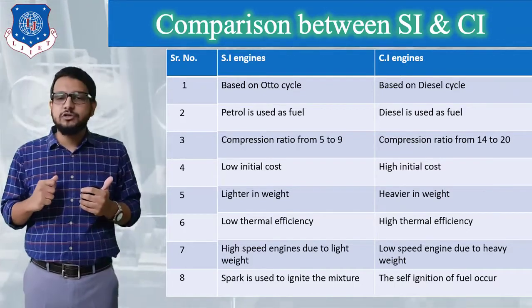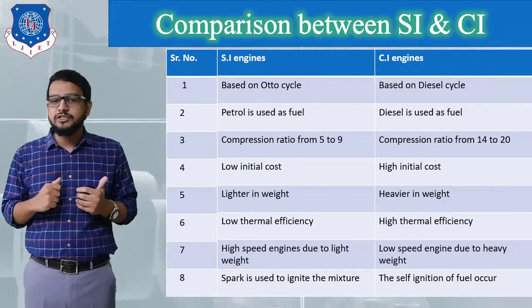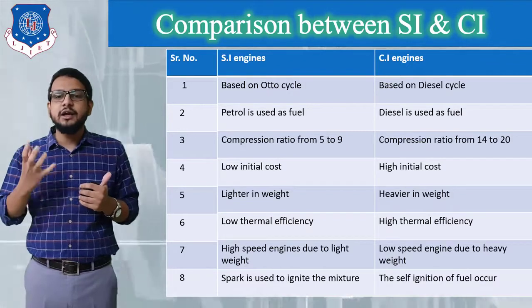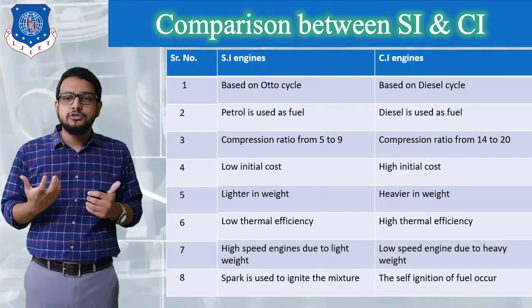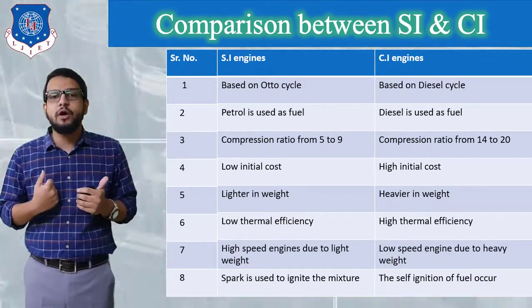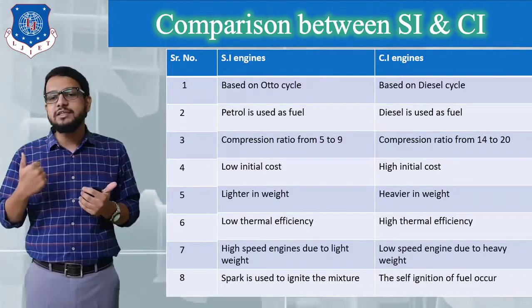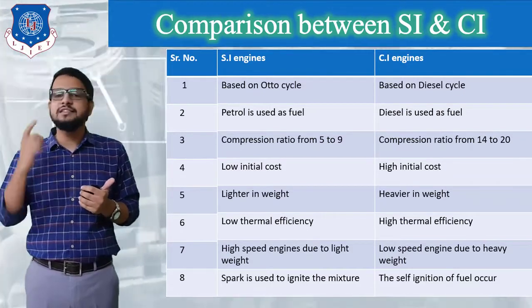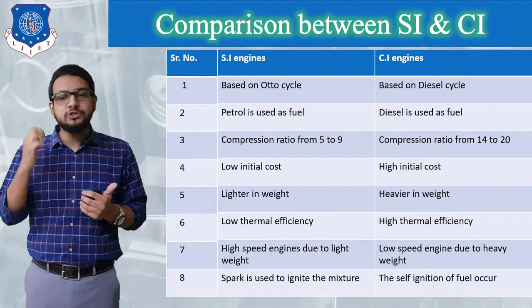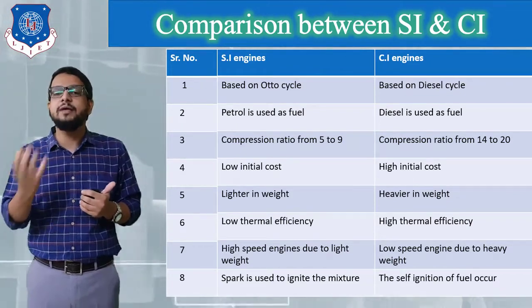The next point is based on thermal efficiency. Thermal efficiency here means in which engine the heat energy evolved is higher. We would say that in the diesel engine the heat evolved is much higher. The reason is that we inject diesel at the end of the compression stroke, so it is evenly mixed. Why?